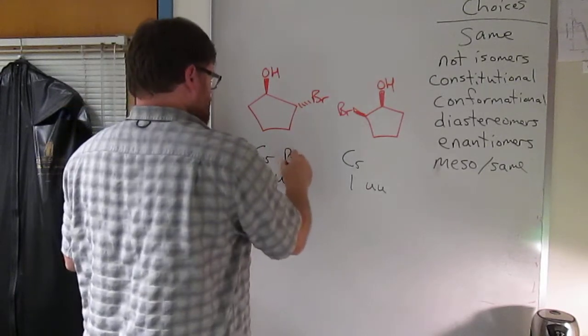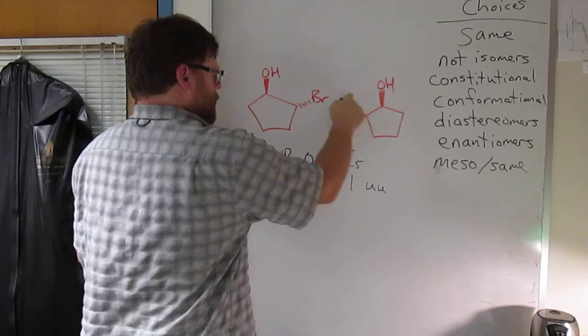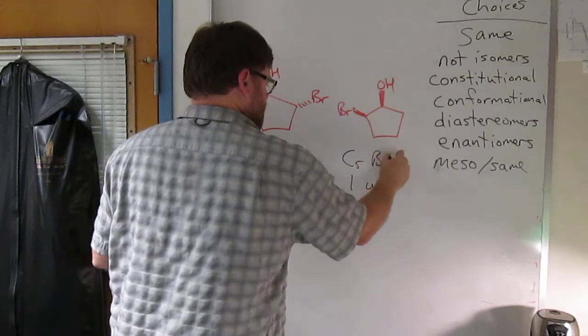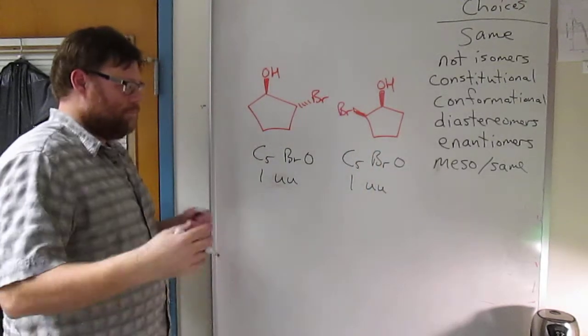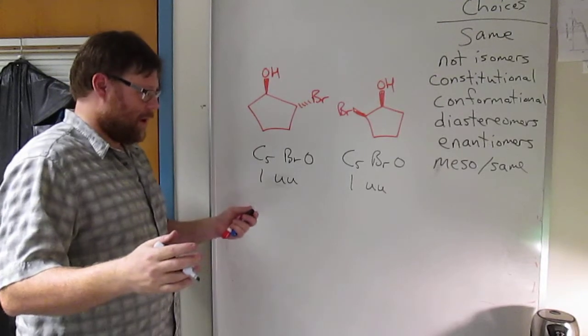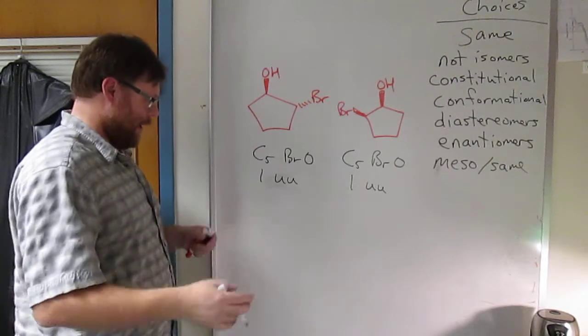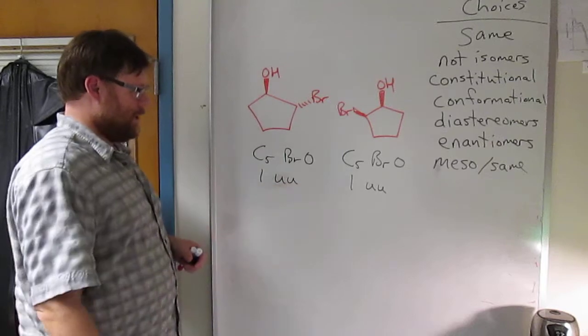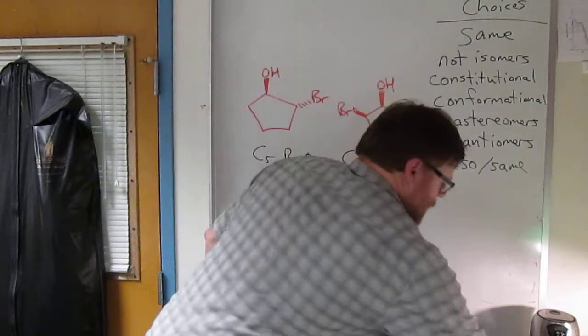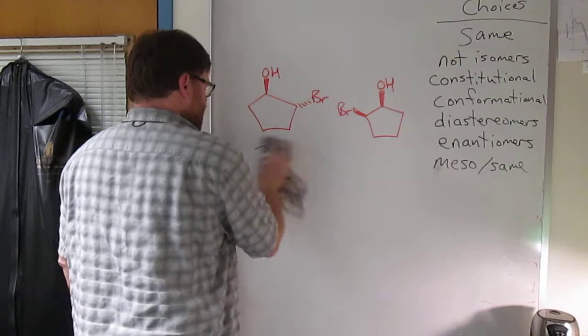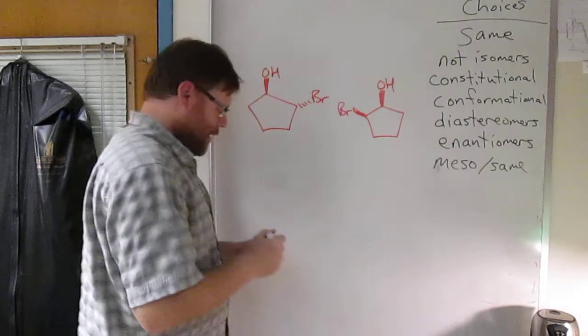Bromine, oxygen, bromine, oxygen. Okay, all the carbon, same number of carbons, same number of heteroatoms, same heteroatoms, 1 unsaturation in each. They're isomers of some sort. So go away and figure out what kind of isomers they are.